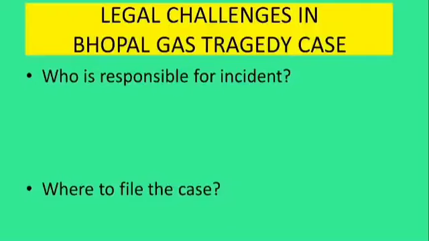The federal judges of America emphasized that it wouldn't be feasible to bring all the victims every time to America for the case proceedings. Federal judges also emphasized that the Indian judiciary should be made strong in terms of environmental laws. So ultimately, the case was rejected by American judges, and later on, the Supreme Court delivered justice in this case.